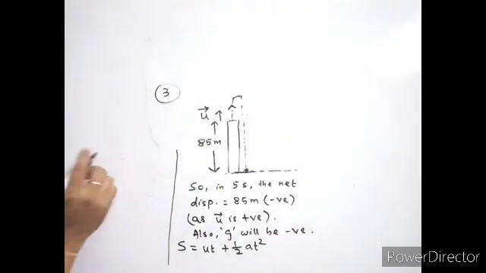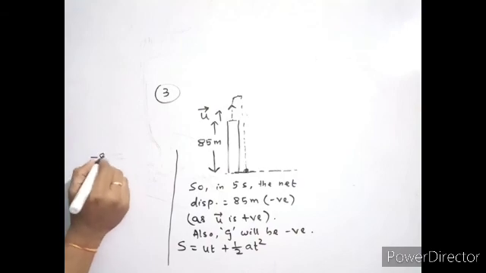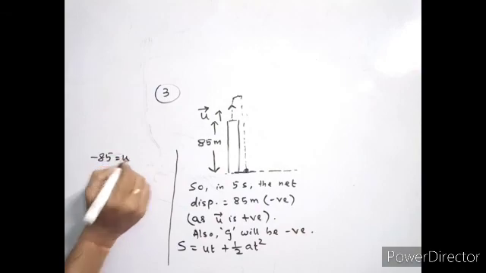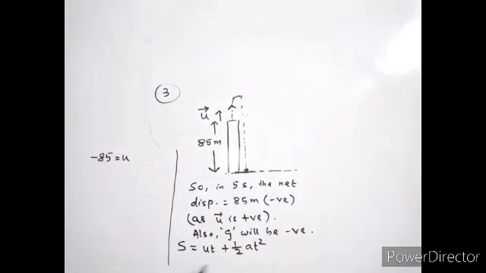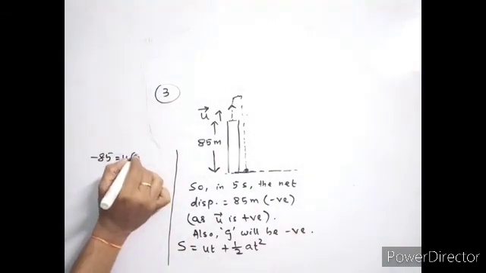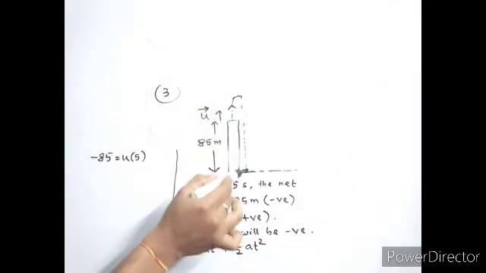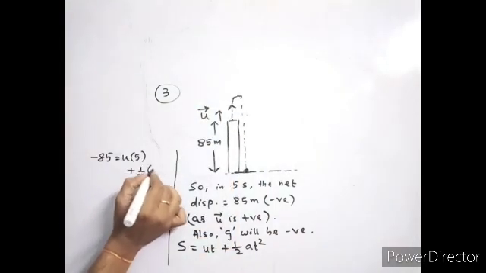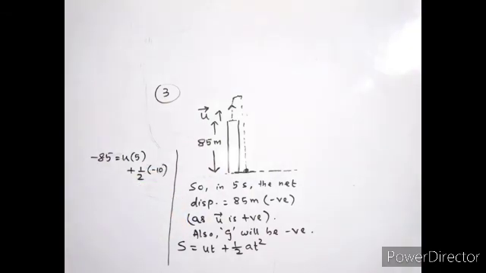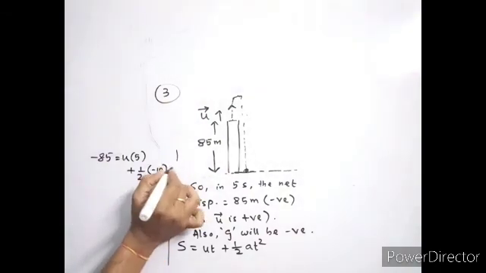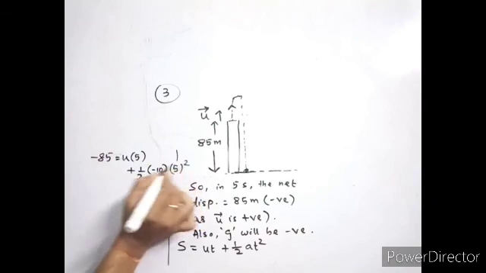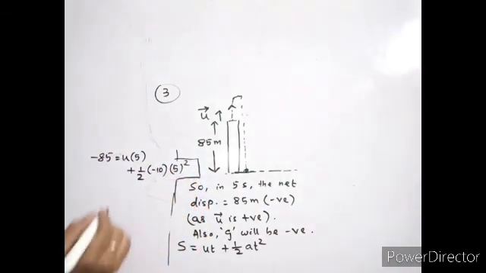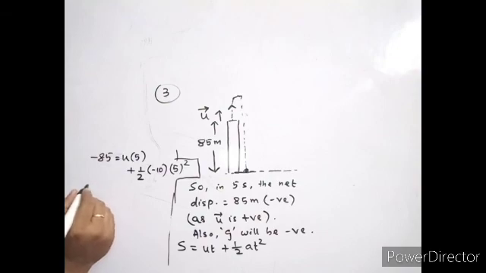The displacement that is in the downward direction, that is minus 85 meters, will be equal to u, that has to be obtained, times t, where t is 5 seconds for the complete journey from the release to the point it strikes the ground, plus half times acceleration due to gravity, negative of 10, times the time squared, 5 squared. So ut plus half at squared is what we have obtained in the equation.